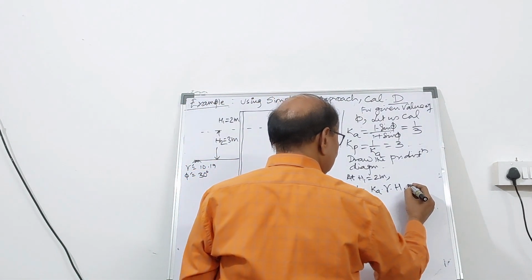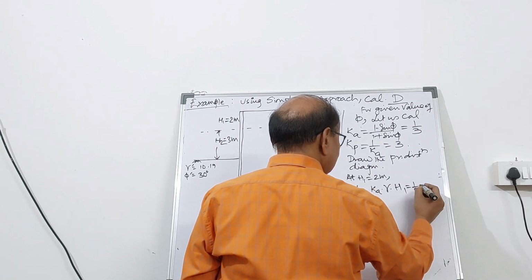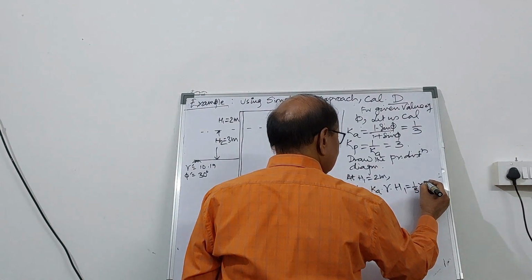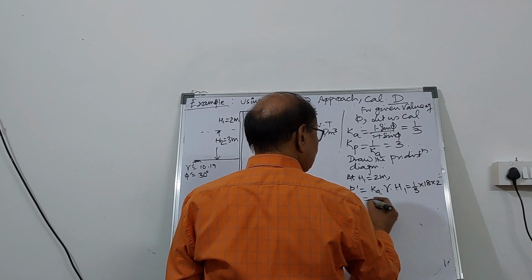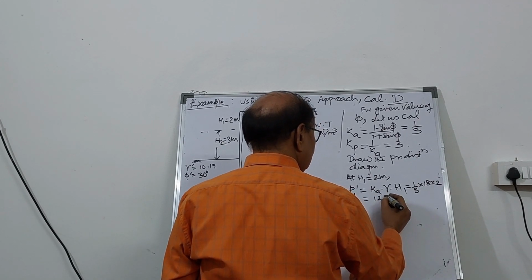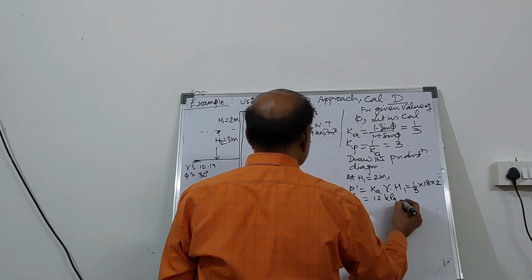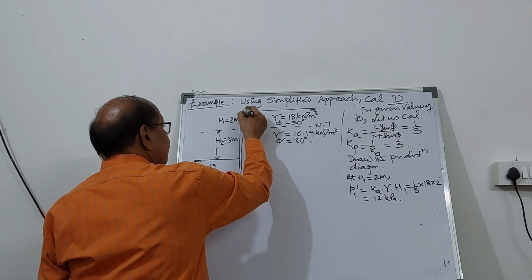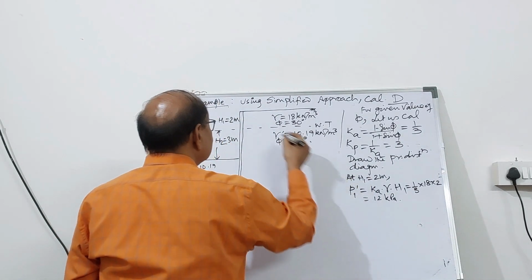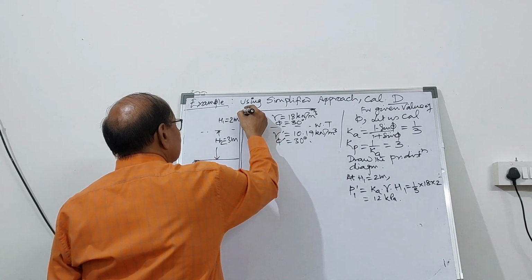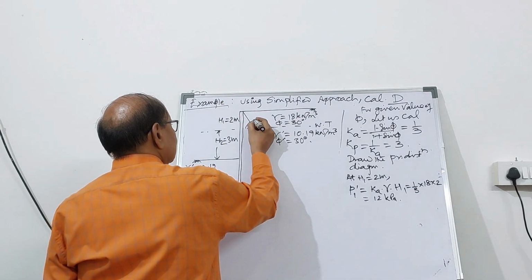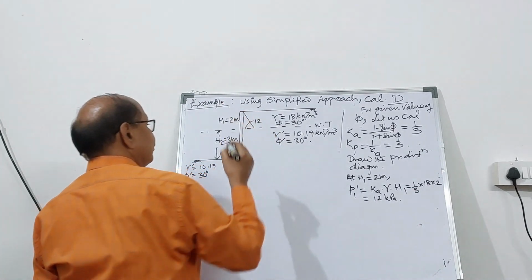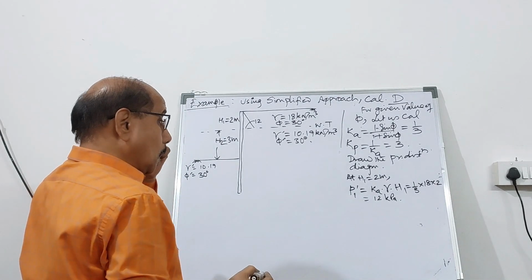And if you substitute, this is going to be 1 by 3 into 18 into 2. So this is going to be 12 kilopascal. So from 0, because at Z equal to 0, it is going to be this one. So this is going to be 12 kilopascal.